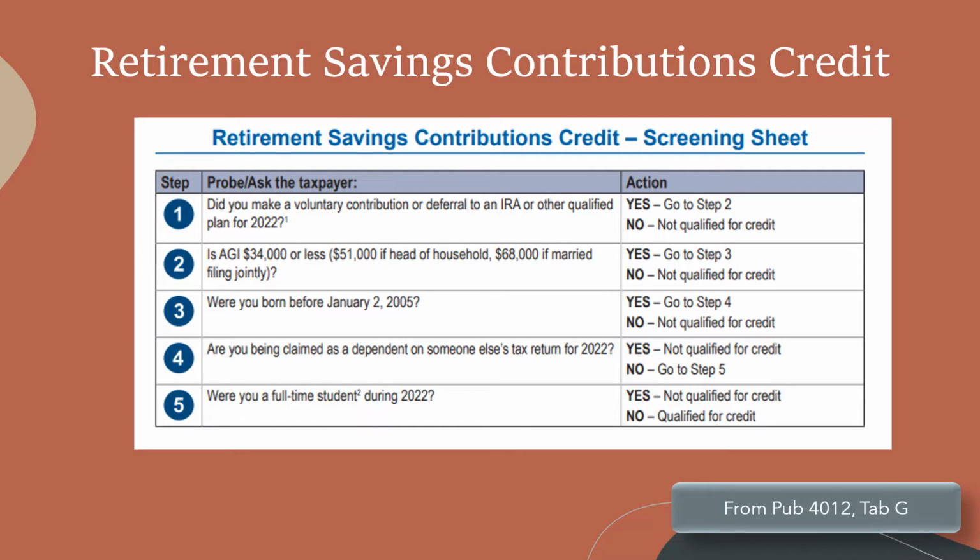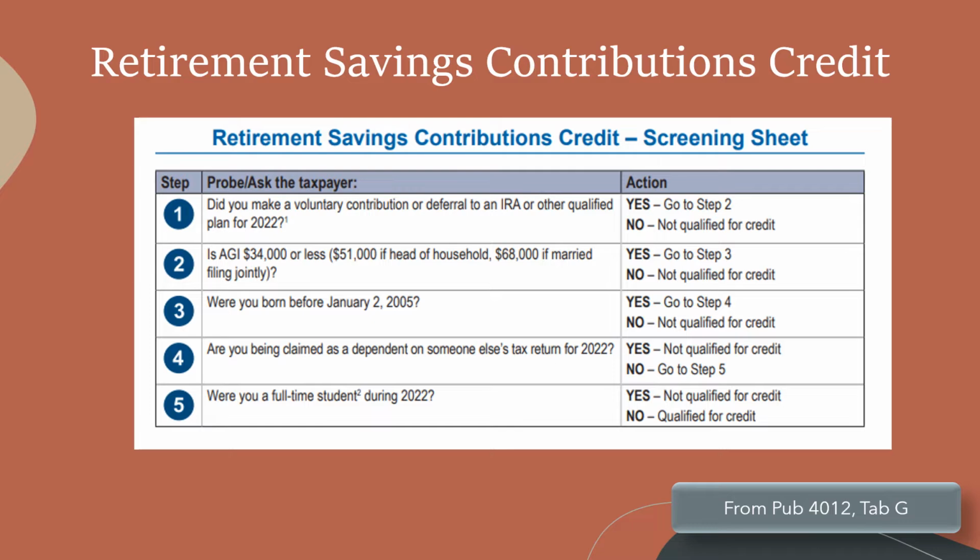Let's begin by talking about the Retirement Savings Contributions Credit. And this screening sheet comes from Publication 4012, Tab G. If we follow along the steps, we can see that the taxpayer needs to have made contributions to a qualified plan. They need to have an adjusted gross income under a certain amount, and the taxpayer must be age 18 or older, not be a dependent, and not be a full-time student.